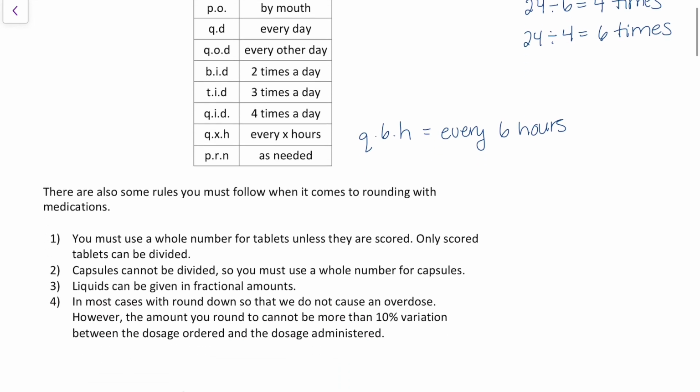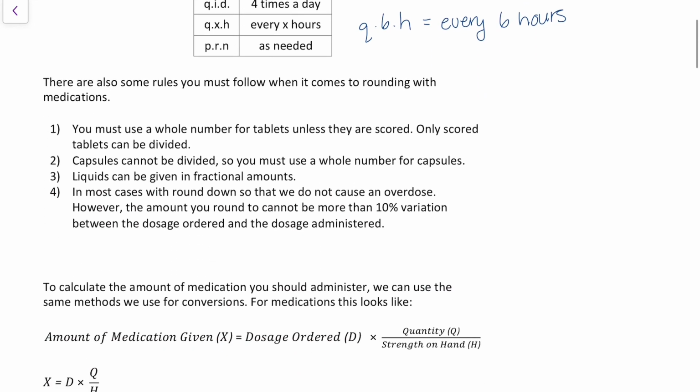Some other rules that you need to think about when it comes to doing math with medications is that our normal rounding rules don't necessarily apply. So as you're doing any sort of dosage calculations, you really need to be thinking about what the question is asking and logically thinking through whether your answer makes sense and what your answer will have to be in terms of the form.